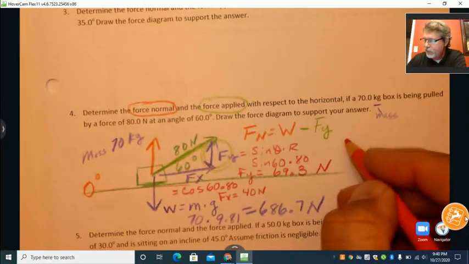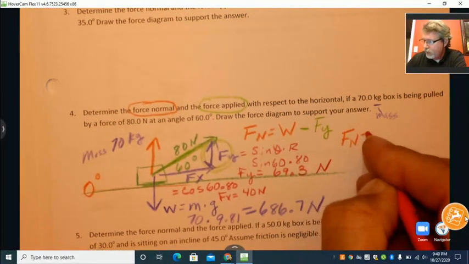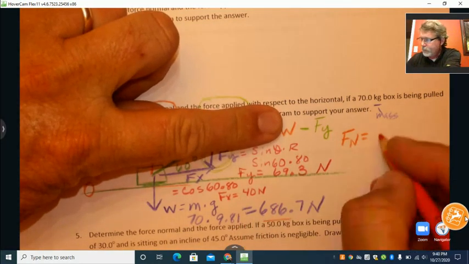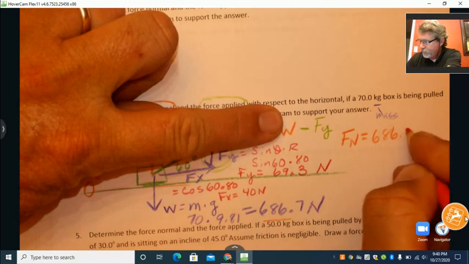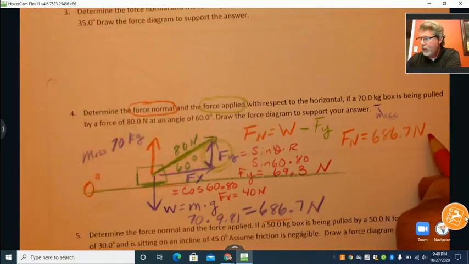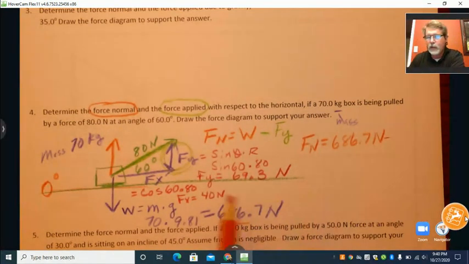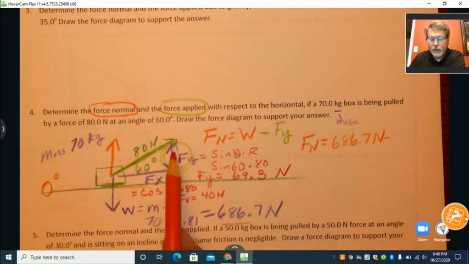We'll say force normal equals the weight, which we know is 686.7 newtons, minus the force in the y direction, which is opposite the weight. Notice how this vector is pointing up and this vector is pointing down, so they're opposite directions.